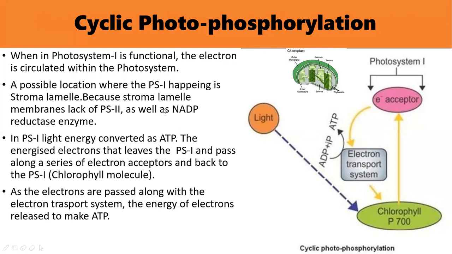The stroma lamellae membrane lacks the other photosystem, photosystem 2, as well as the NADP reductase enzyme. Because of this, cyclic photophosphorylation takes place on the stroma lamellae, meaning here.